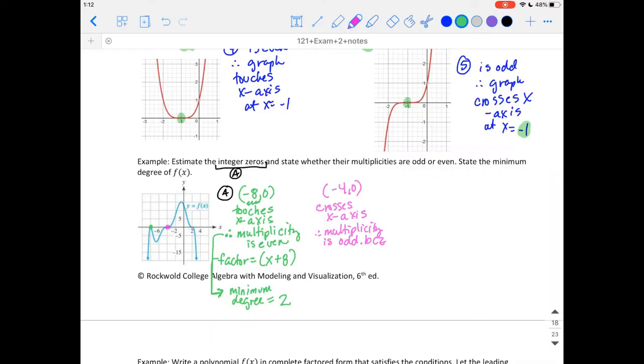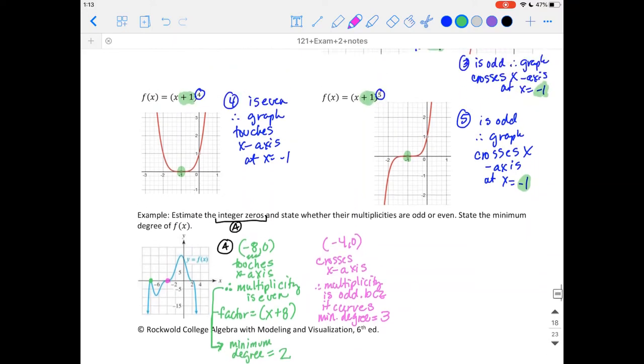So because it curves, the minimum degree is equal to 3.